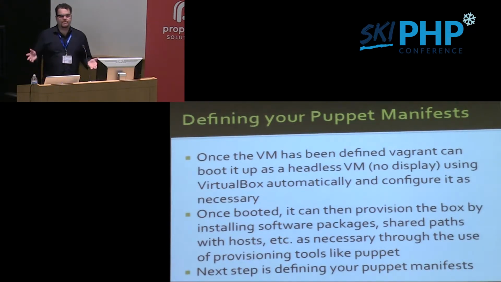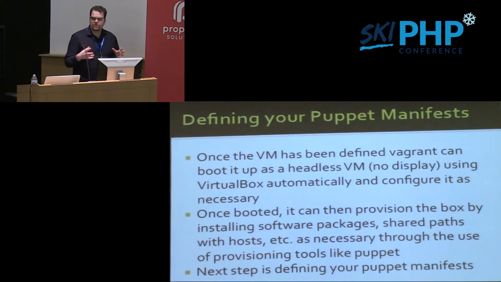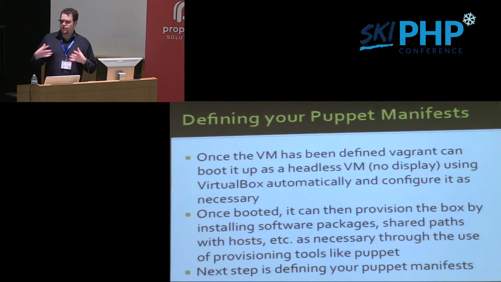And there are all sorts of Puppet modules that allow you to manage everything from FreeRADIUS to Zend Server to making sure Git's installed or Composer or everything else. And they're all pre-written, so you can just go download them and use them, or you can write your own if you want. I have my own kind of style of doing that I'll show you.